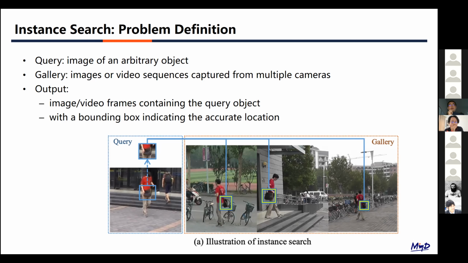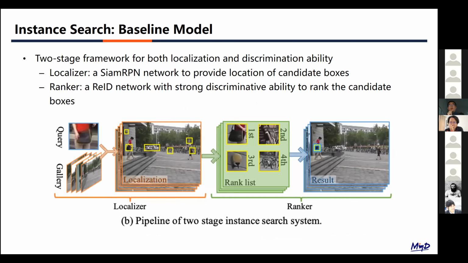And then you are given a gallery of images, the video sequence captured from multiple cameras. The goal of the system is to output the image video frames containing the query object, also with the bounding box that accurately indicates the location of the object, as you can see from the returned results.